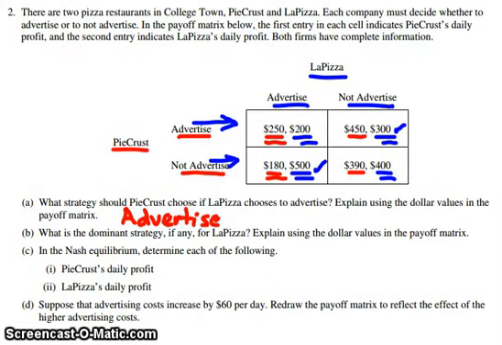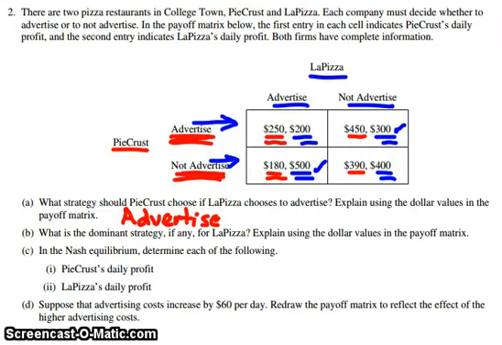Part C says, in the Nash equilibrium, determine each of the following: Pie Crust's daily profit and La Pizza's daily profit. Well, we just said that La Pizza does not have a dominant strategy. We should check to see if Pie Crust does. So Pie Crust chooses between advertising or not advertising.